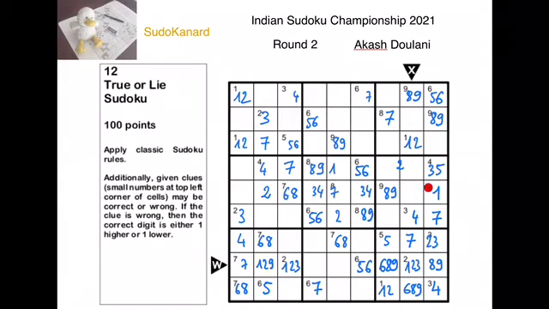I still need a 5. 5, 6, 7, and 8 are the missing digits in this column. I don't see how to resolve that, but this 2 is no more a possibility for this square.